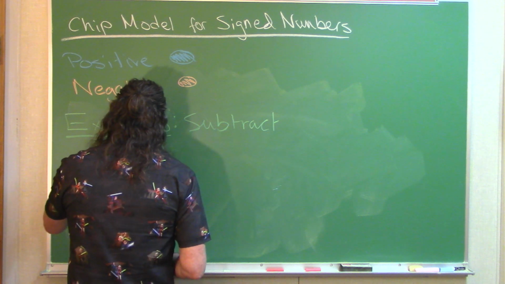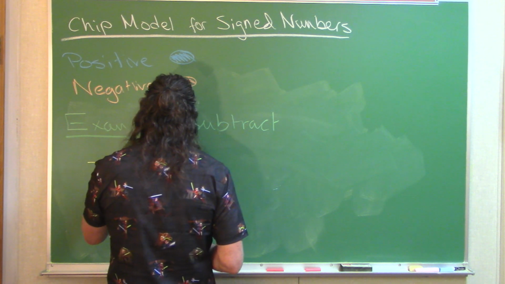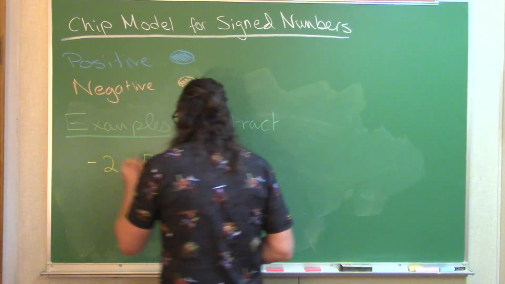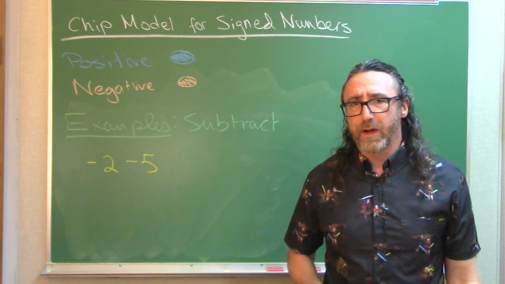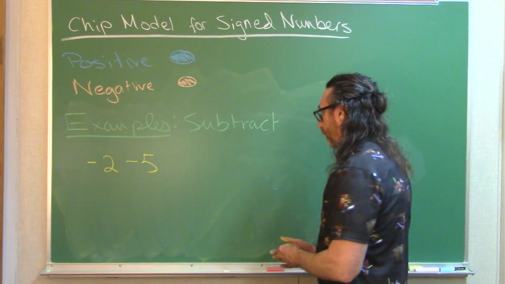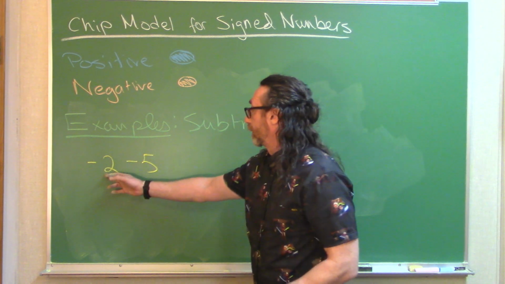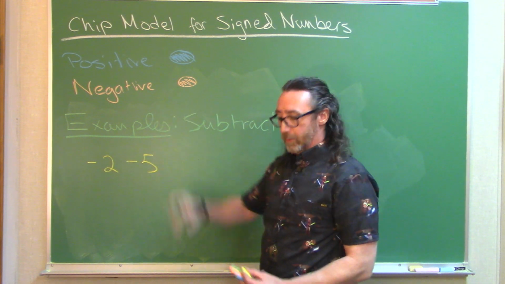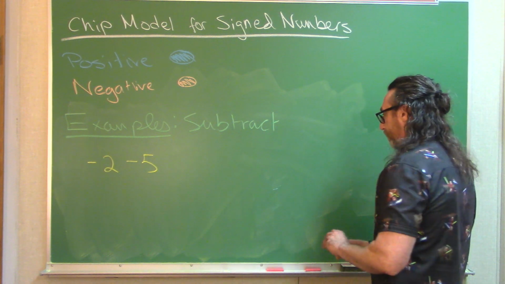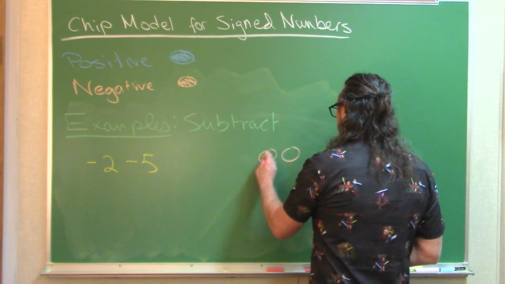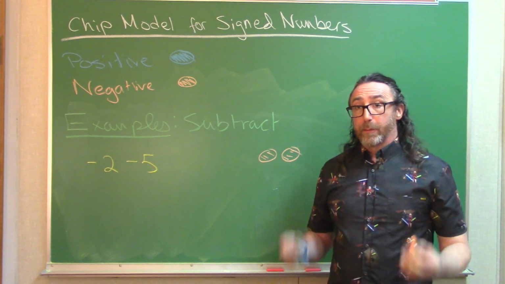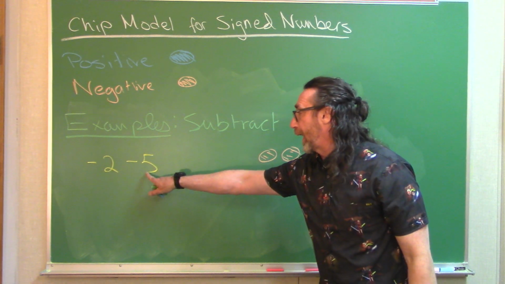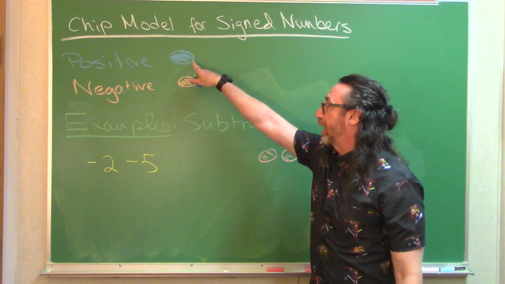Let's do -2 minus 5. Okay, something like this. -2, take away 5 positive chips. Okay, so once again we'll start the same way. Load in -2. So I load in 2 negative chips. Now I'm supposed to take away 5. Take away 5 positive chips.